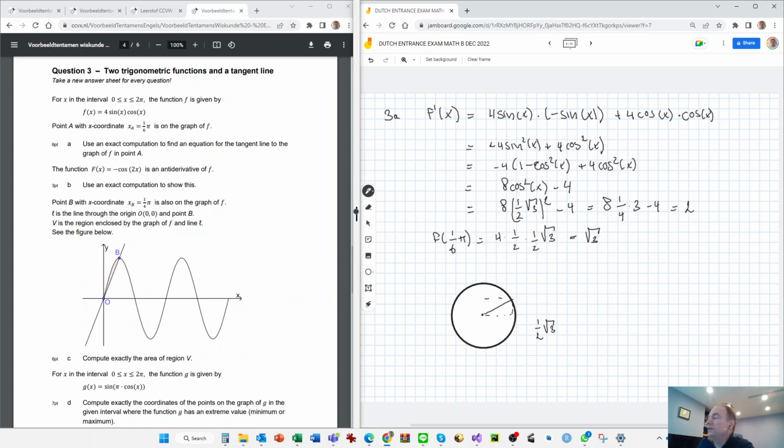Okay, so we know the line has to have the form y is 2x plus the y-intercept, and now we need to find what b is, so we substitute point A in it. So square root of 3 has to be 2 times 1/6 pi plus b.